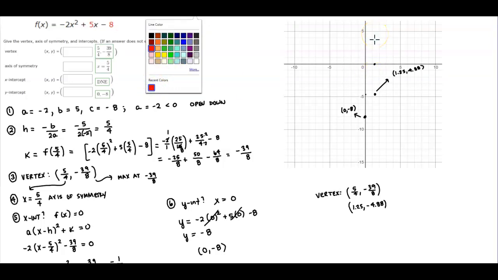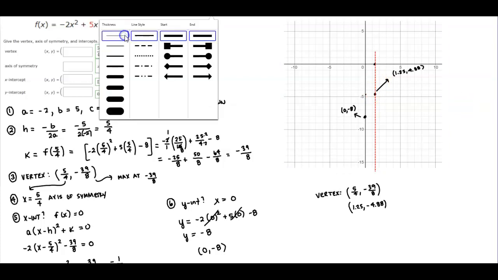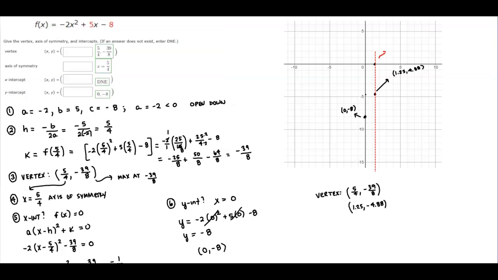Okay, so we know it's going to go through x equals 5/4. So there is our line of symmetry. Move that over just a tiny bit here. Okay, so we know that x equals 5/4 is our line of symmetry.